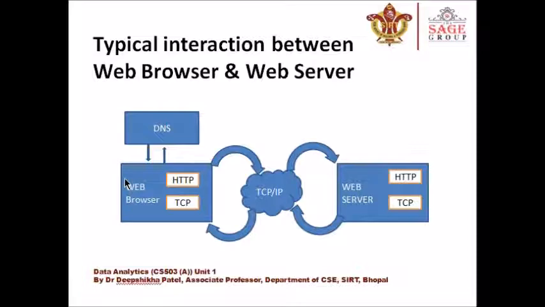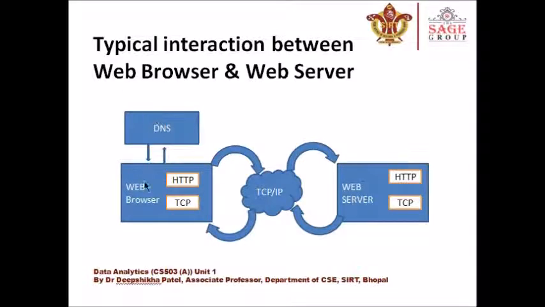Then the web browser on the client machine requests the DNS for the IP address corresponding to the domain name which has been provided by the user. As we already know, machines do not understand domain names, so a conversion from domain name to IP address is required, which is done by the DNS server.